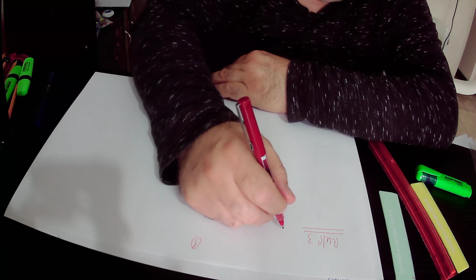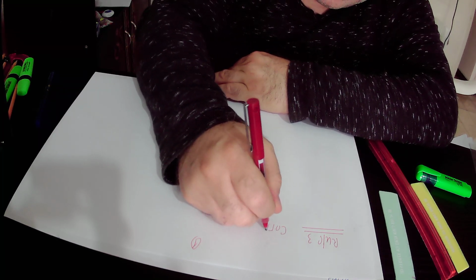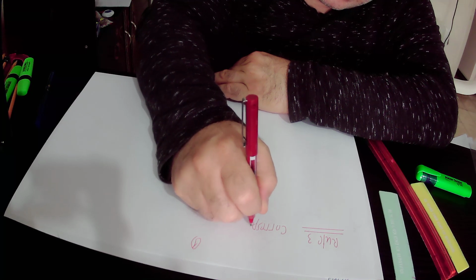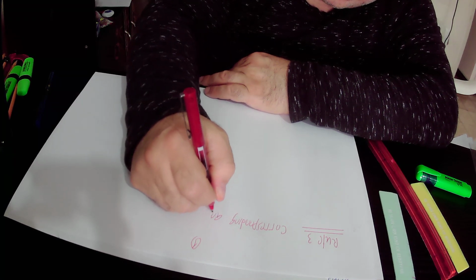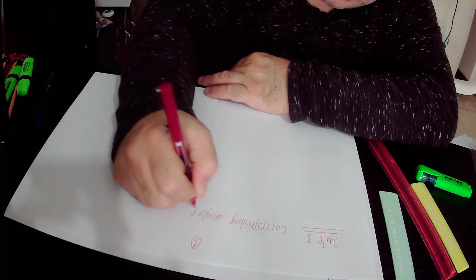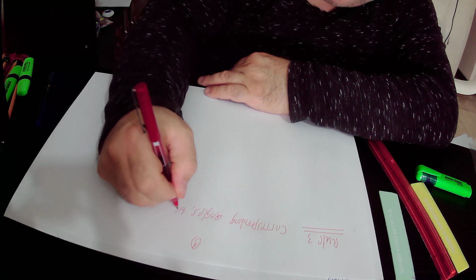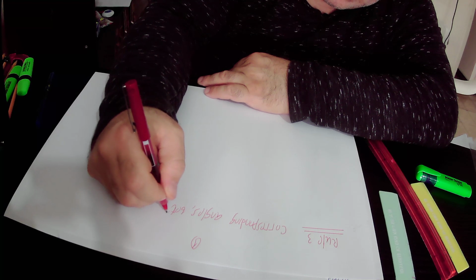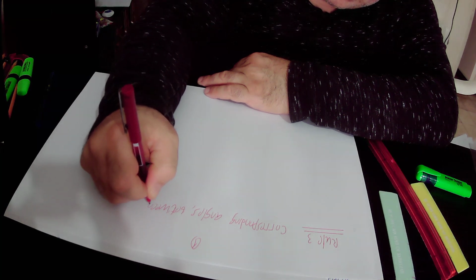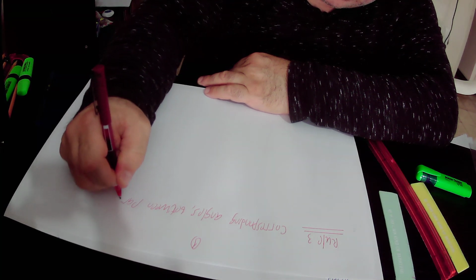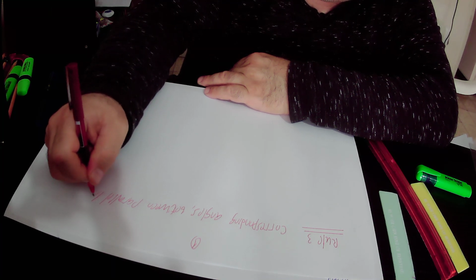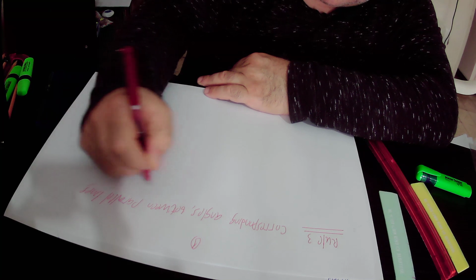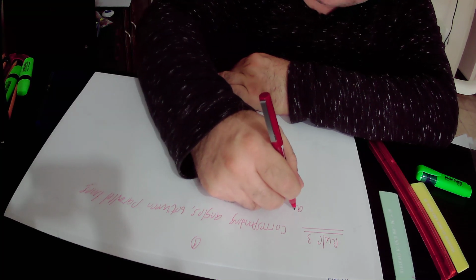I write it down. Corresponding angles between parallel lines are equal to each other.